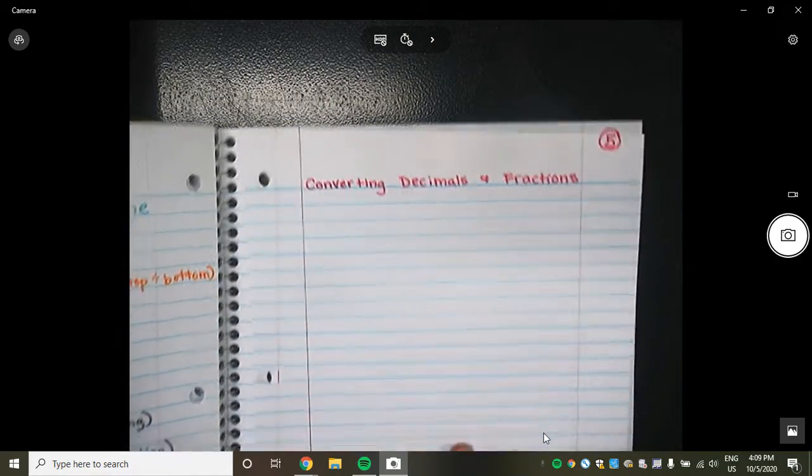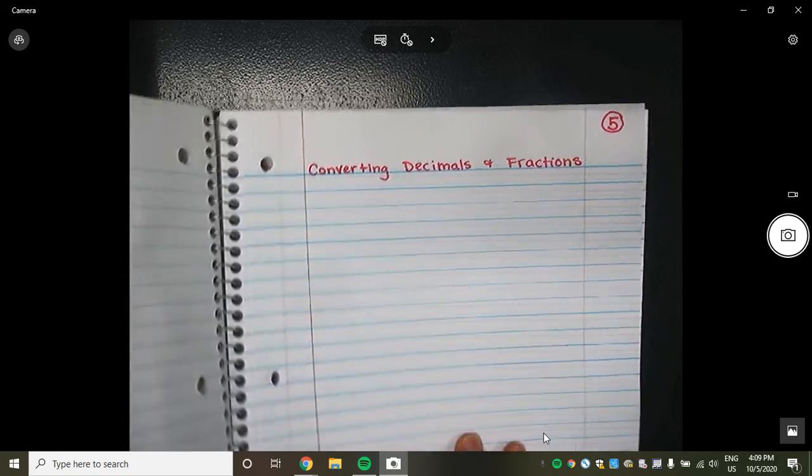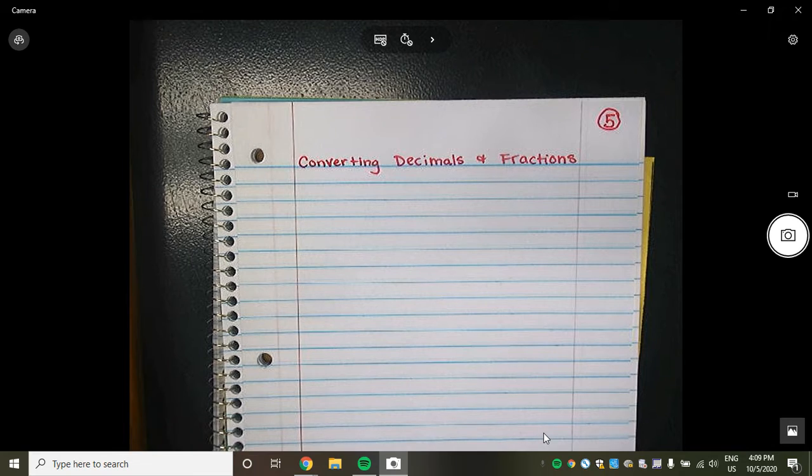And we're going to flip to where you wrote the title page in your notebook, Converting Decimals to Fractions, and we are going to take some notes there. Just like we asked, can all fractions become decimals?